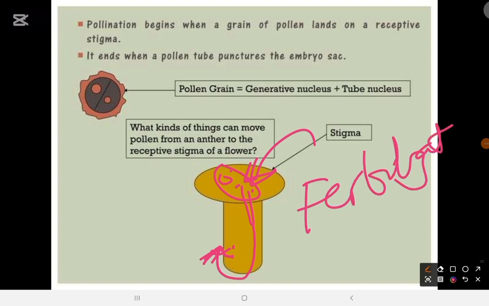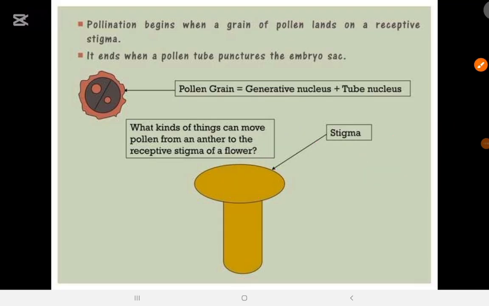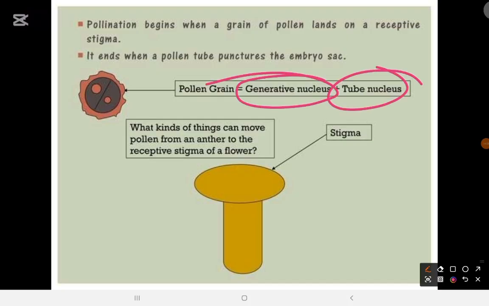And we know here it is double fertilization that takes place. The pollen grain contains two types of nuclei, which are the generative nucleus and the tube nucleus.